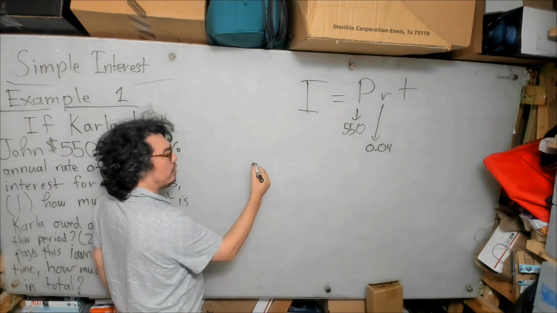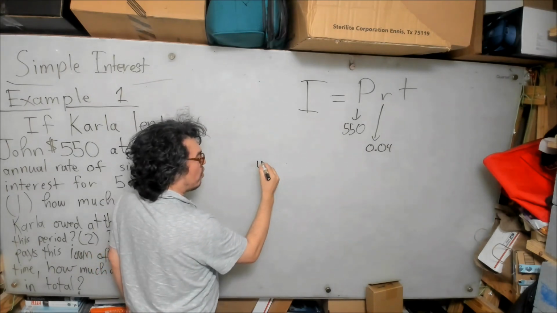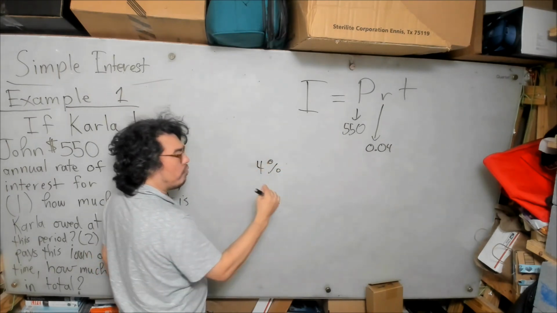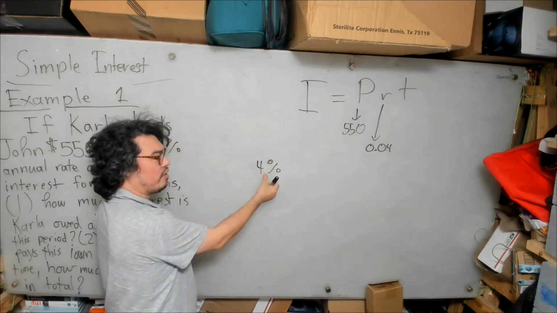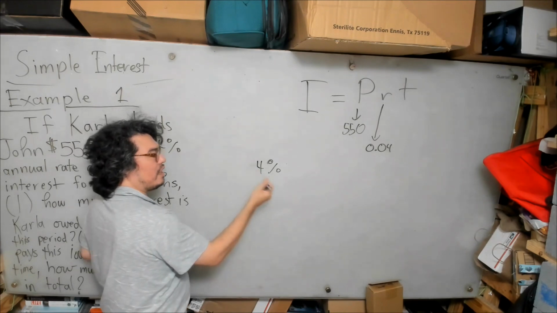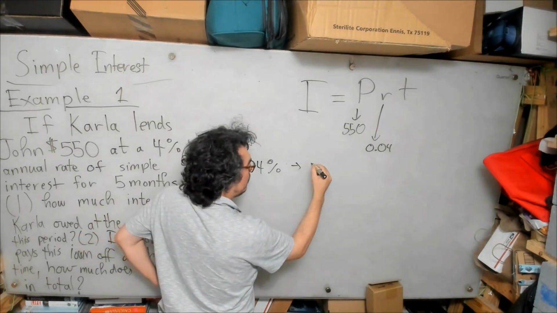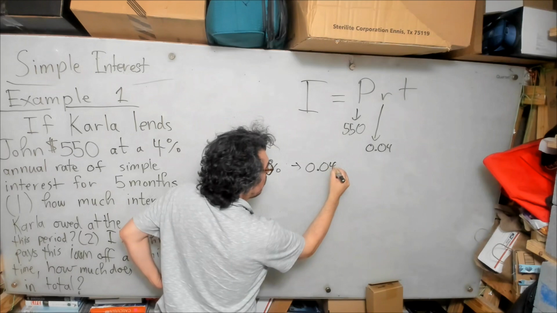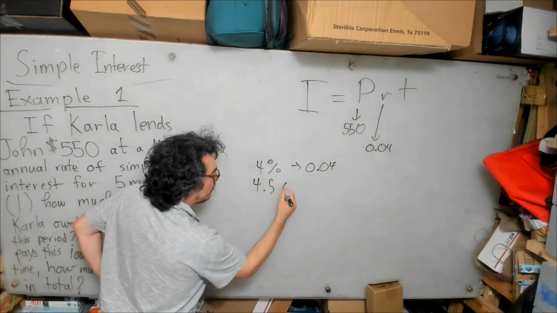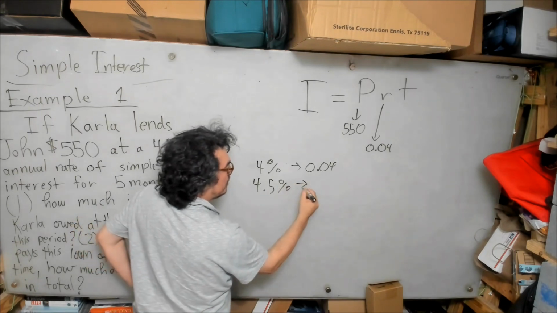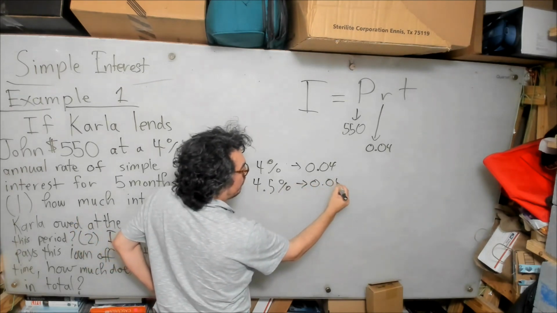So for example, 4%, we move the decimal place, which we can see invisibly, it's here after the 4, so we move it 2 places to the left. So as a decimal, it'll be 0.04. If we were to write 4.5%, for example, this would be 0.045.